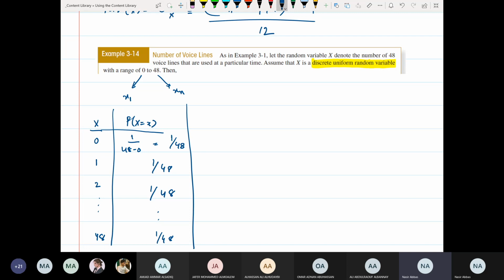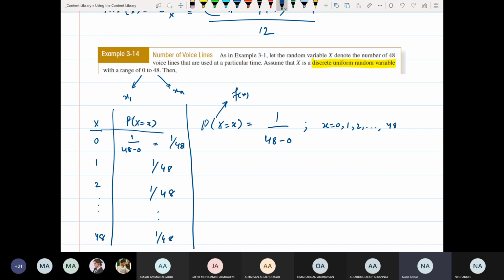What I recommend is you write this as a function, and that function will be probability of X equals x, which is also denoted by f of x. This should be 1 over 48 minus 0, where x is 0, 1, 2, all the way up to 48.